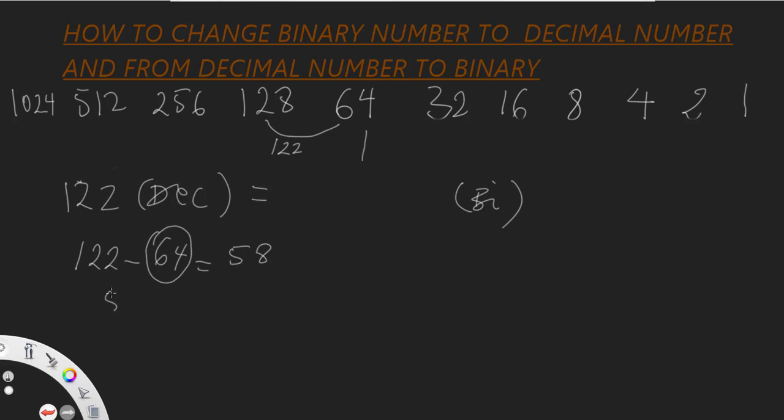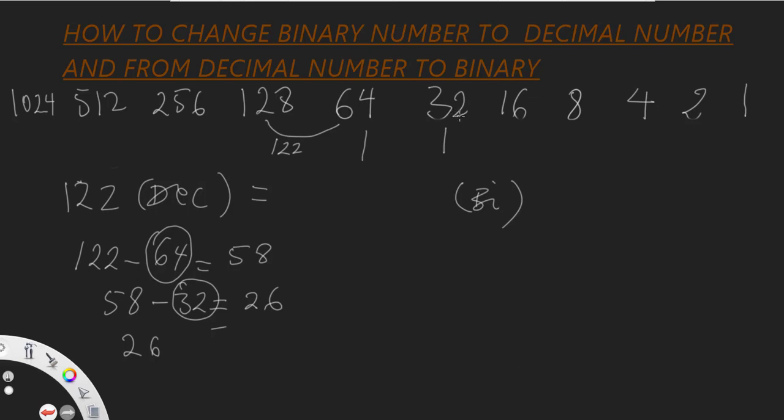Now the next one, you have 58. 58 is between these two, so it's greater than 32, so we minus 32. The answer here will be 26. So as we have a 32, you put 1 over there, okay?